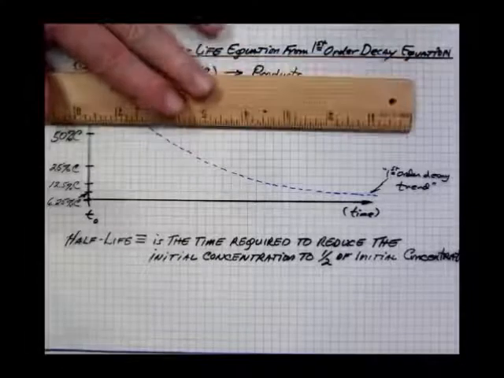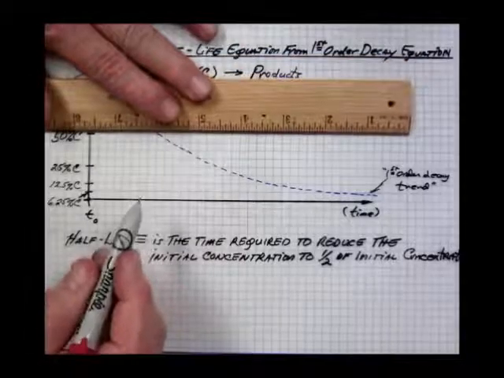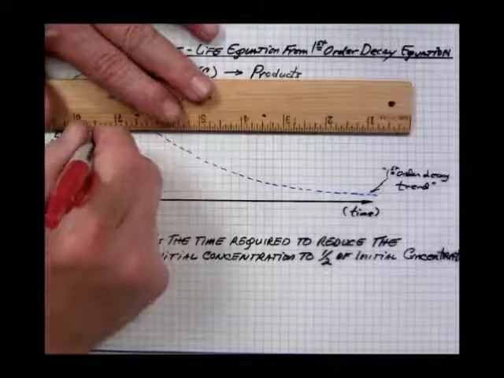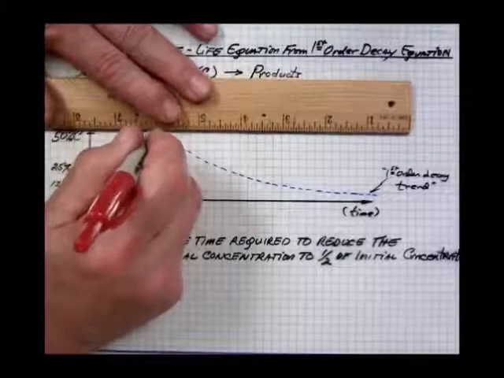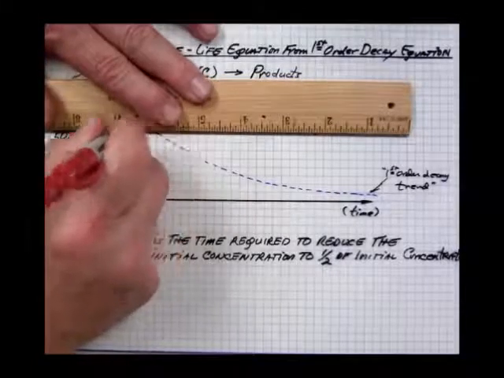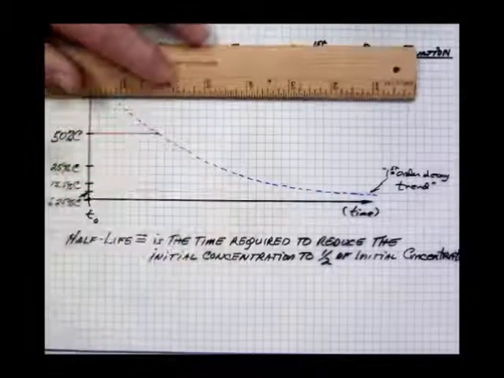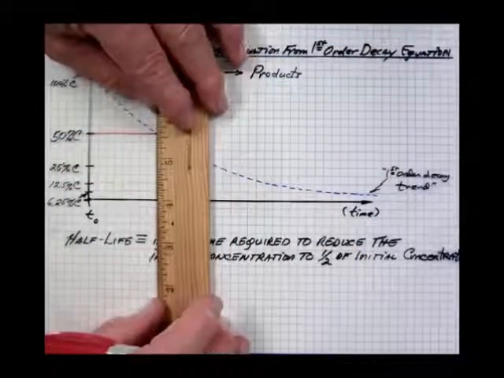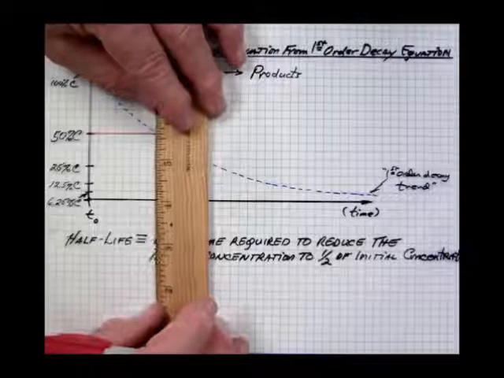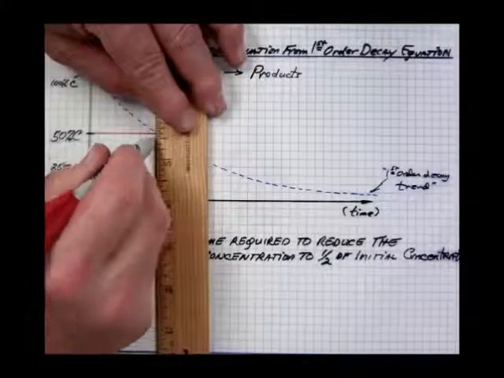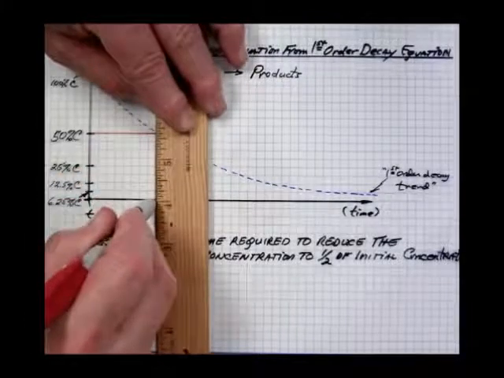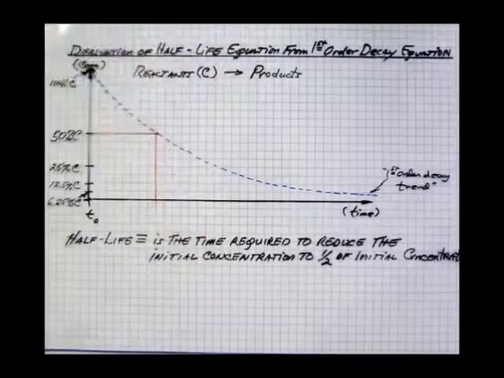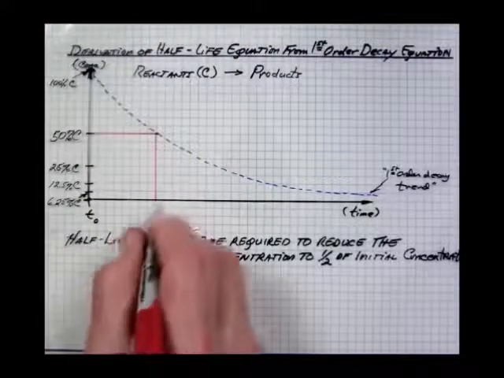So what we want to do is come across the graph from the 50% point to right here, and then drop down to the time axis right here, and that's called the first half-life.